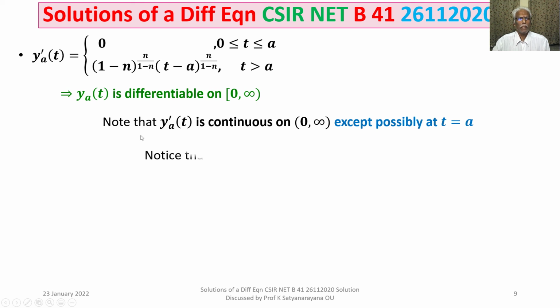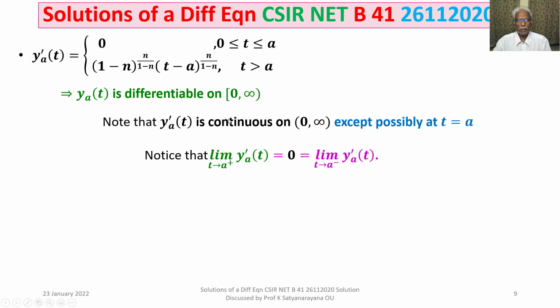Notice that when t tends to a from the left, it is 0. When t tends to a from the right, t minus a is 0. That's precisely what you said. The limit as t tends to a from the right of y_a'(t) is 0, and the limit as t tends to a from the left of y_a'(t) is 0.